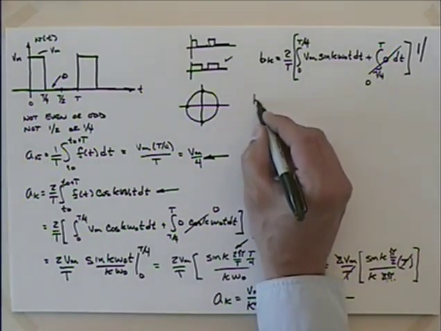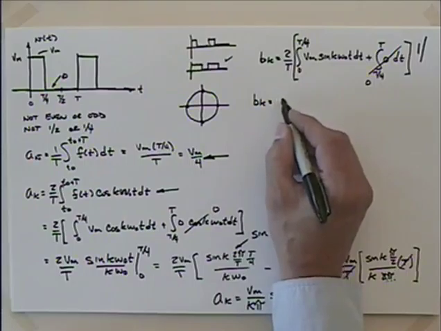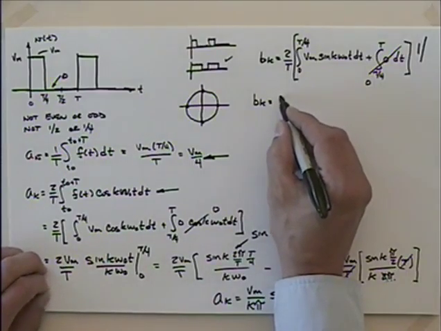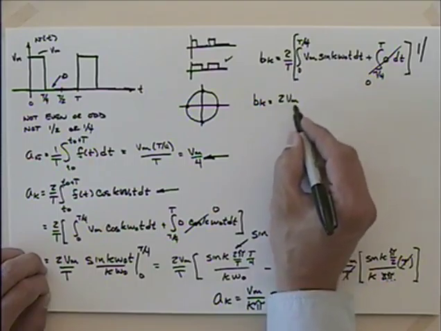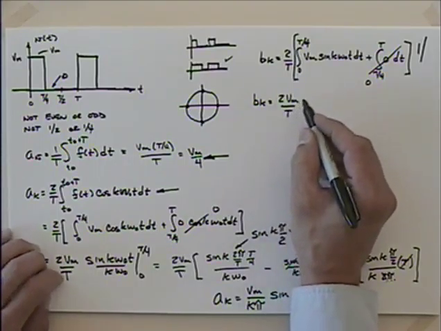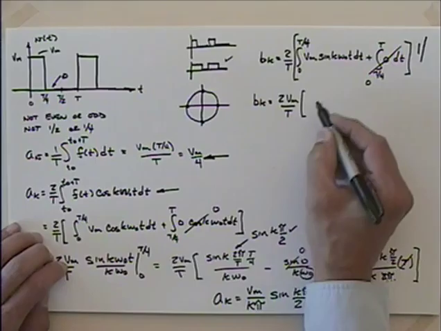We've got then b sub k is equal to 2, bring the Vm out like we did before, divided by the period t, times what are we going to have in here?